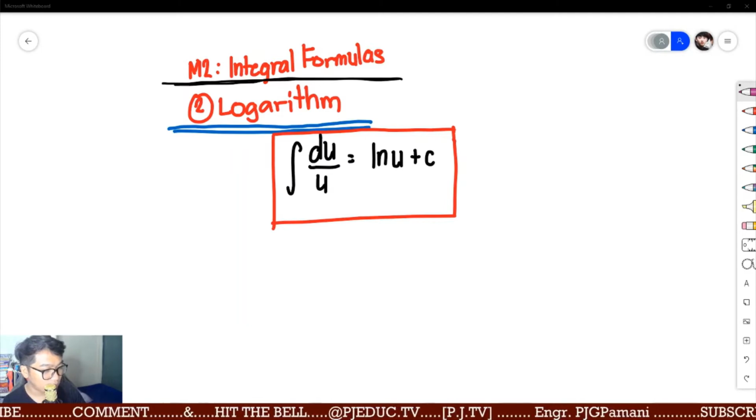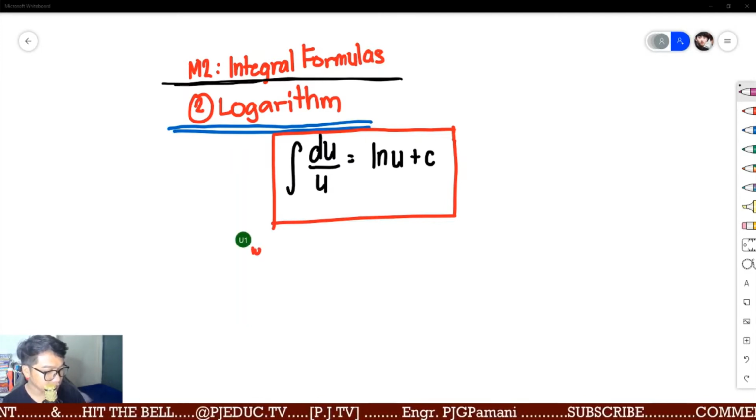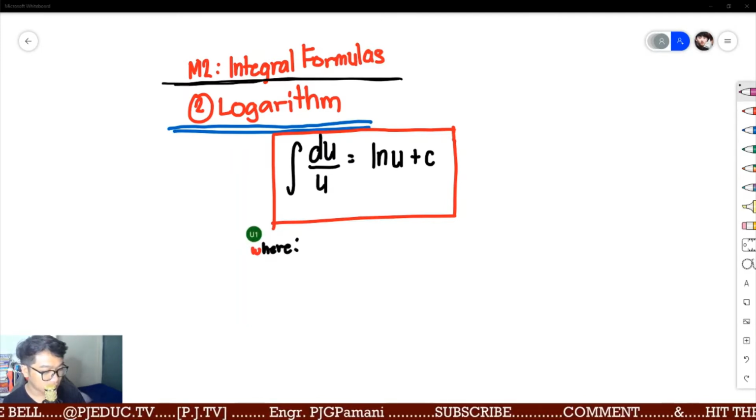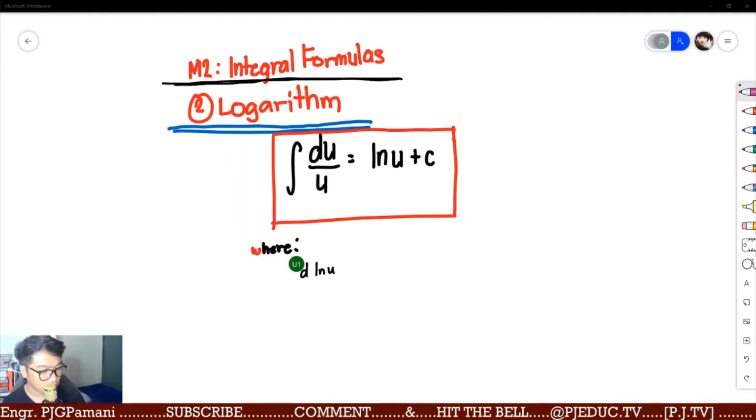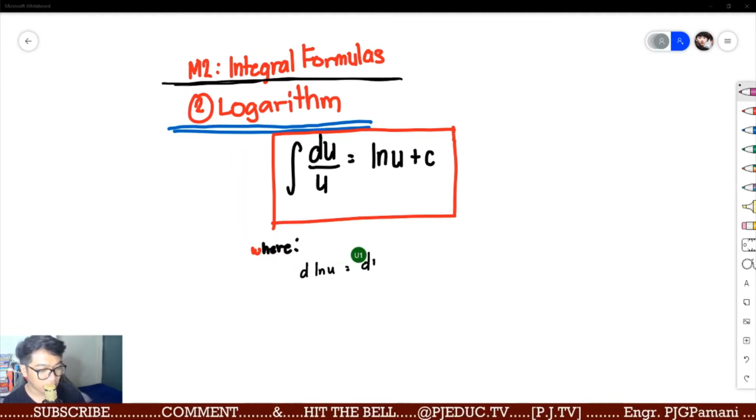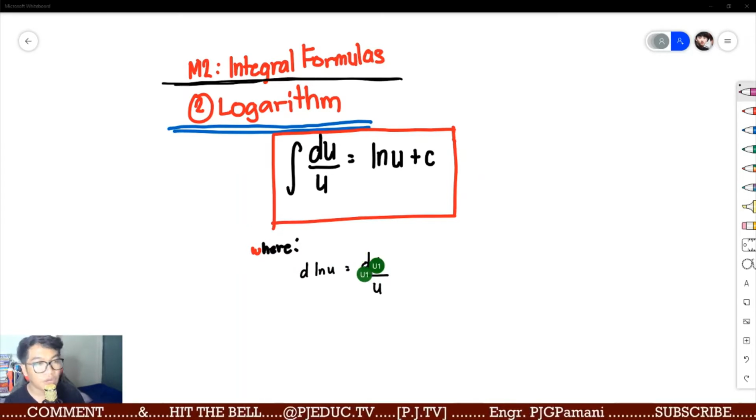Remember, from your differential calculus, that the differential of any logarithmic function or ln u is basically the differential of the function over the function itself.